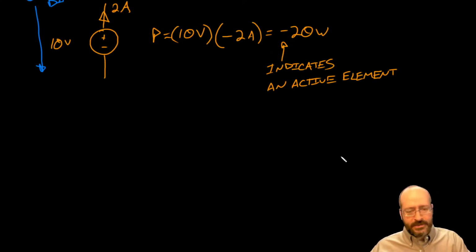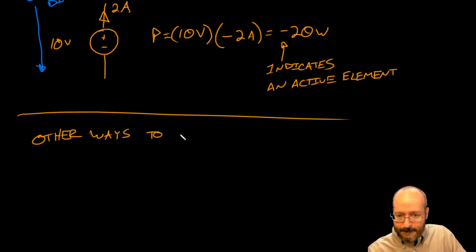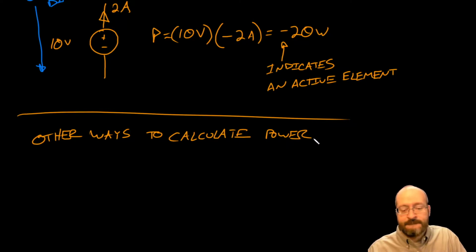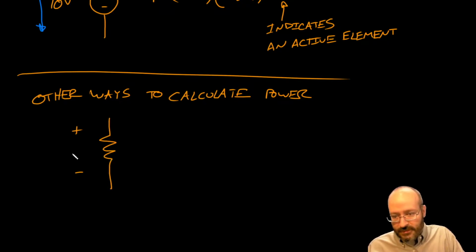So here's my issue with a different way to calculate power that comes up. So, other ways to calculate power. Okay, very commonly we may take a resistor like this, and we say we know the voltage across it, we know the resistance, and we want to find the power dissipated by it.